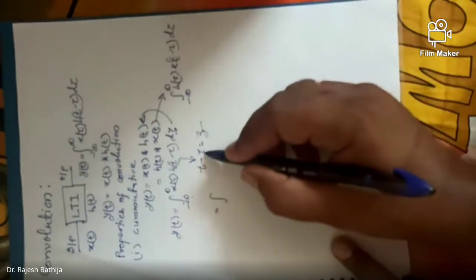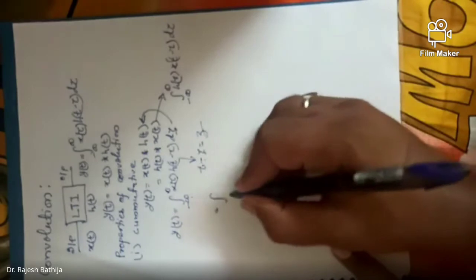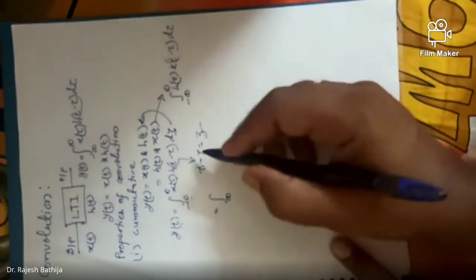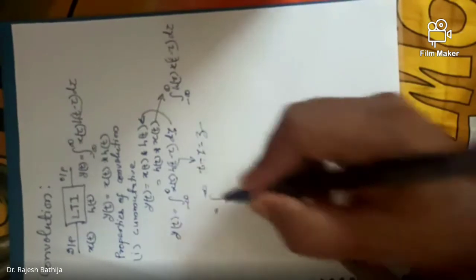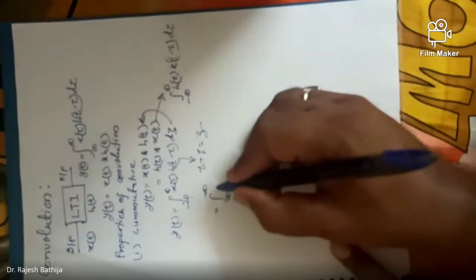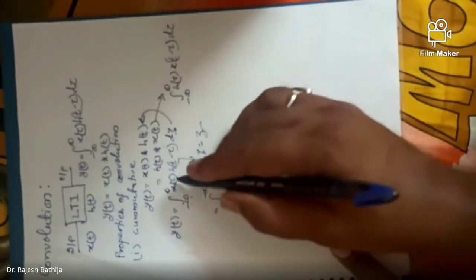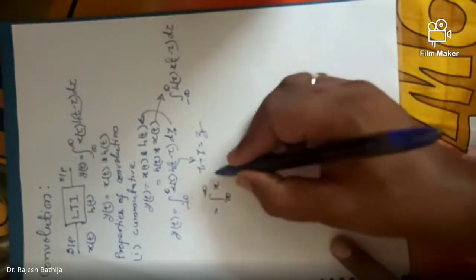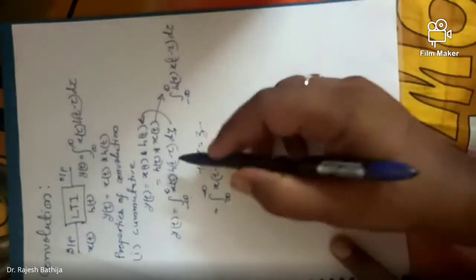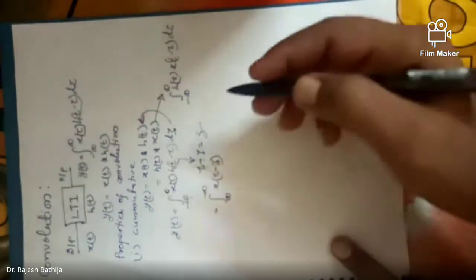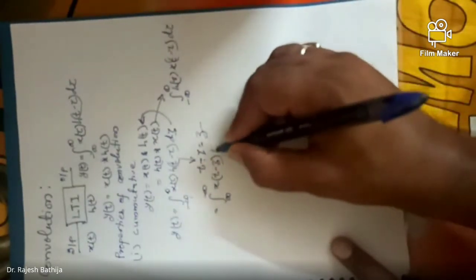If tau is minus infinity, zeta will be plus infinity. If tau is plus infinity, zeta will be minus infinity. And in place of x of tau, it will be x of t minus zeta, and in place of h of t minus tau, it will be h of zeta.